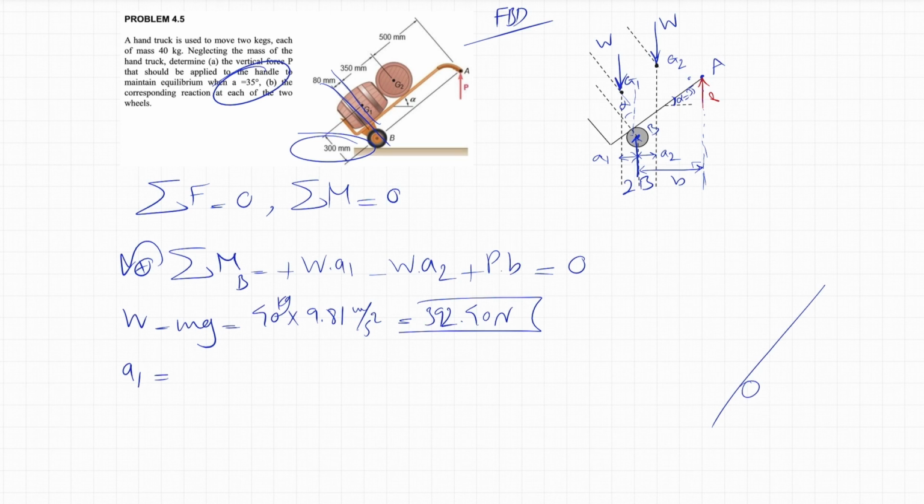Now that we need to find the A1, A2 and B for our moment equation, I'm going to draw another free body diagram, then we can see these distances better. So we'll have the wheel on here, and we have the weight of the first brake applying in here, and what we are interested in is this distance which we called A1.